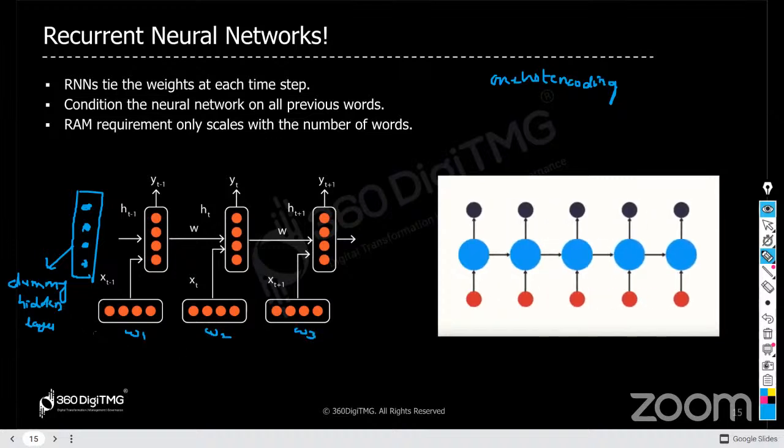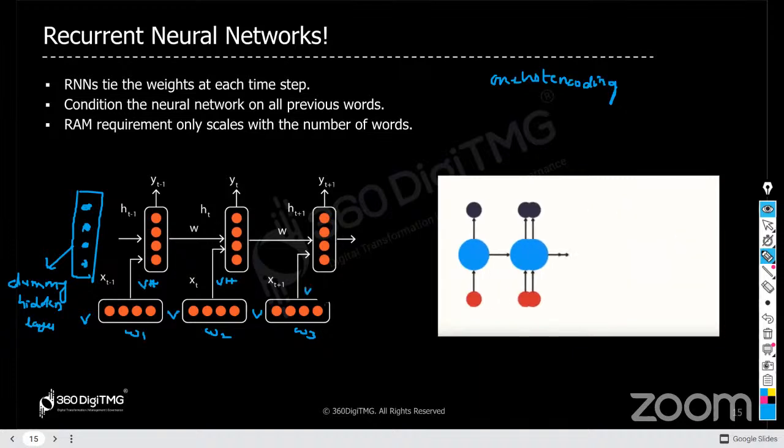And what is the size of this one? This is V again, and this is V again. The size of each one would be V. And what else? The number of parameters that we have will be VH for all the three words: VH, VH, and VH.